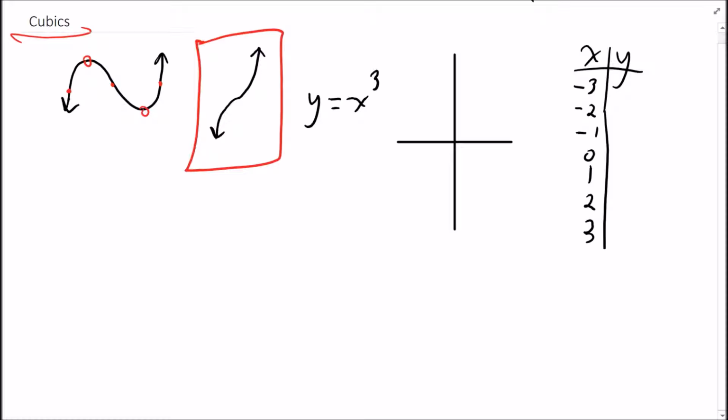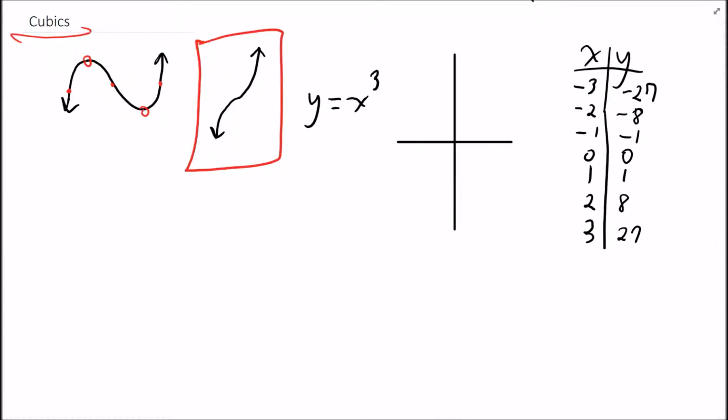The first one, -3 cubed, remember -3 means -3 times -3 times -3, so it will stay negative. So that's -27, quite a big value. -2 cubed is -8. -1 cubed is -1. 0 cubed is 0. 1 cubed is 1. 2 cubed is 8, and 3 cubed is 27.